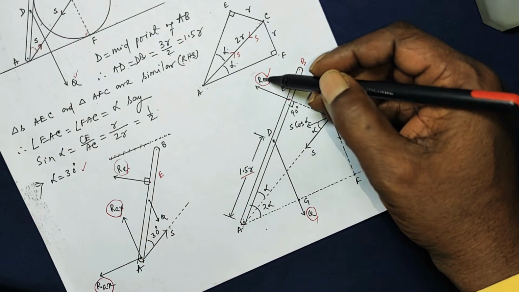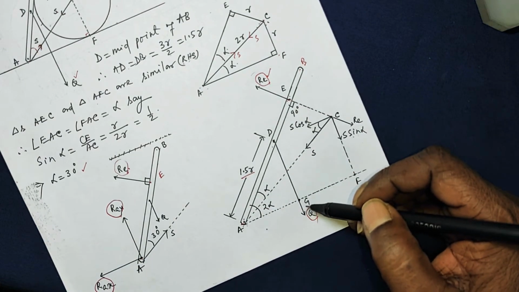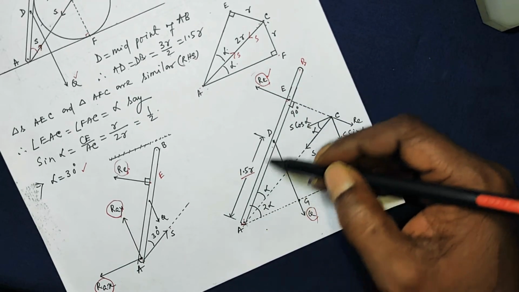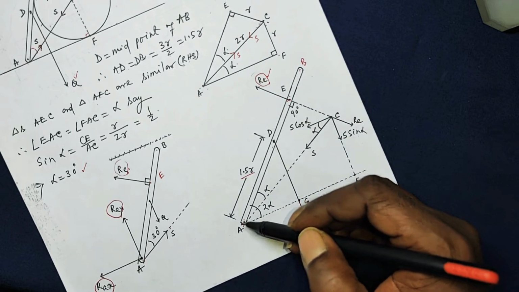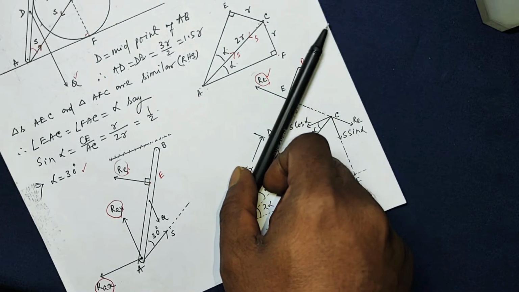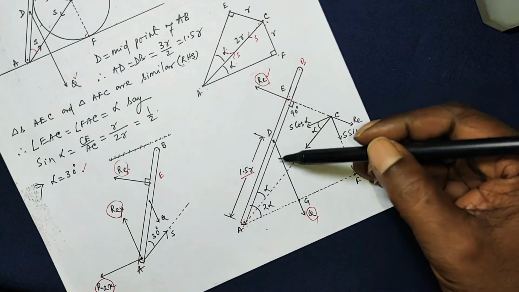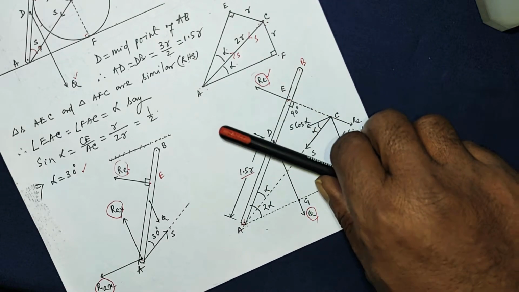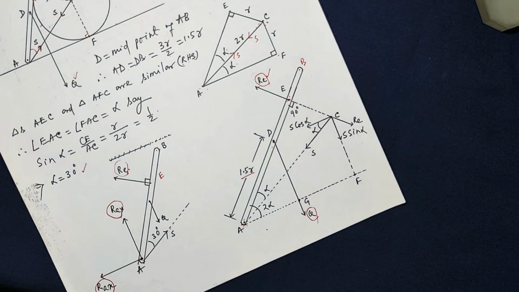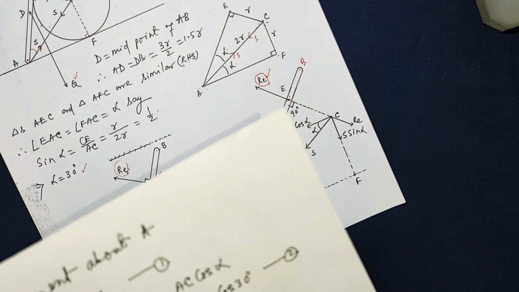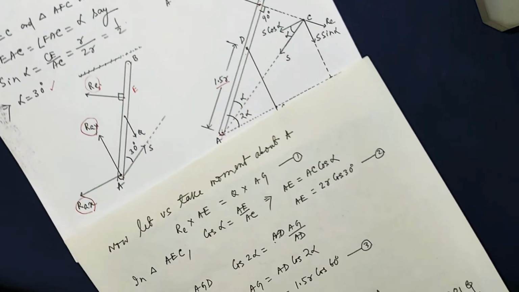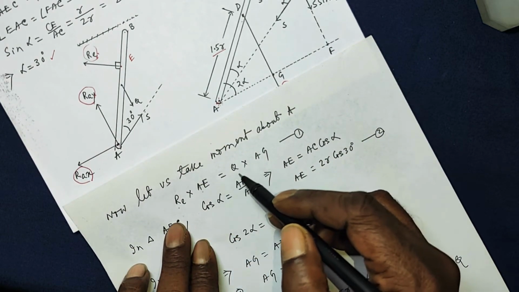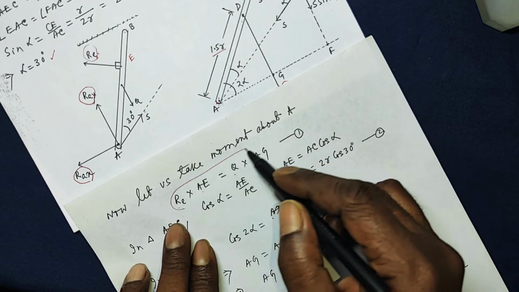RE times AE about point A will produce an anti-clockwise turning effect. Q times this perpendicular distance AG will provide a clockwise moment about point A. Since it is in equilibrium, RE times AE will be equal to Q times AG. Make it as equation 1.